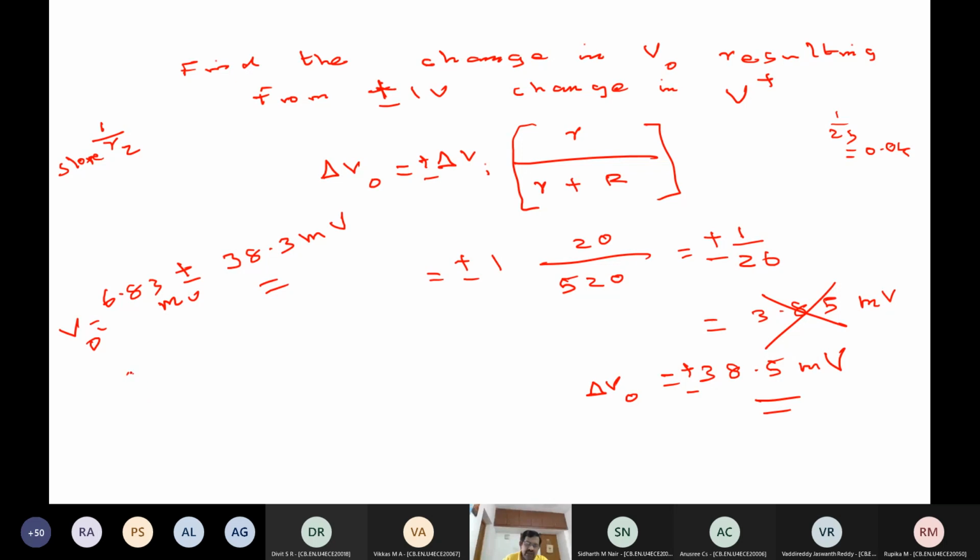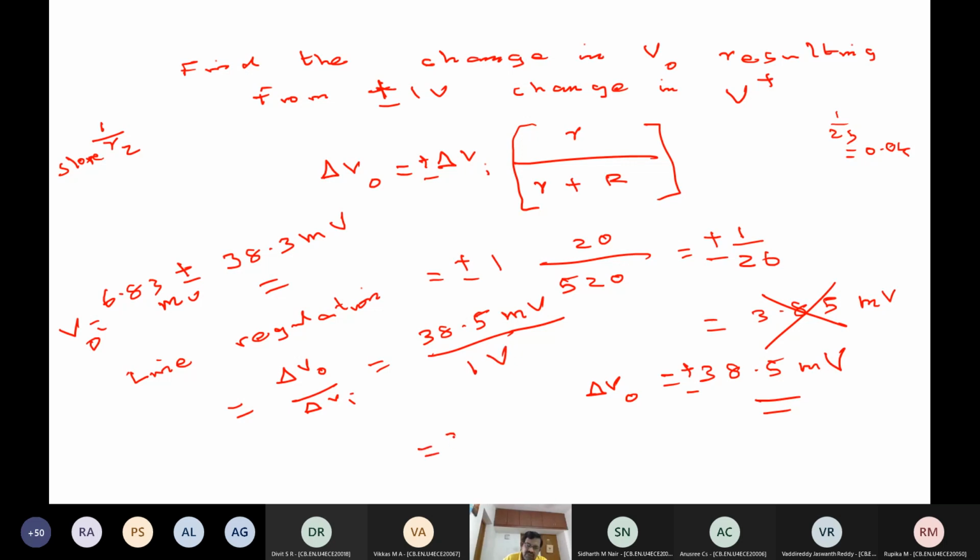Now what is our line regulation? Line regulation is going to be delta V naught by delta Vi. Since delta Vi is given as 1 volt, we are going to get 38.5 millivolt per 1 volt.